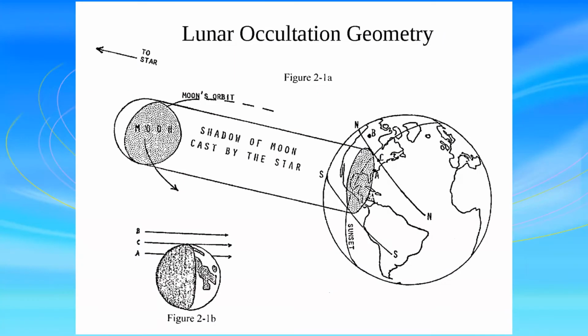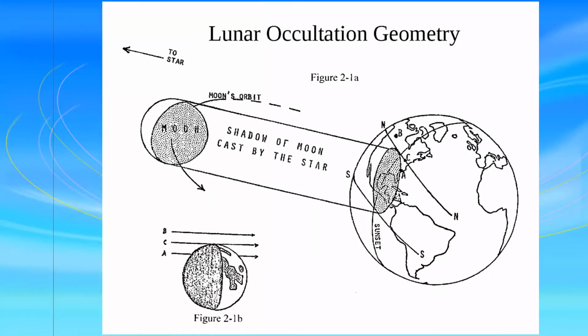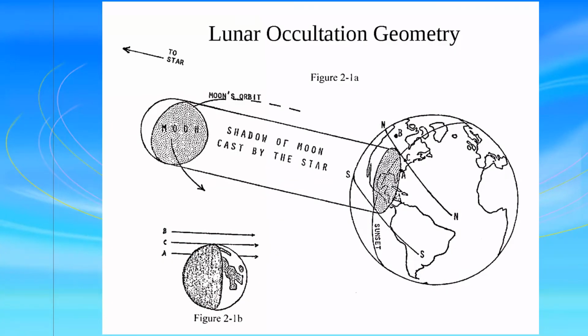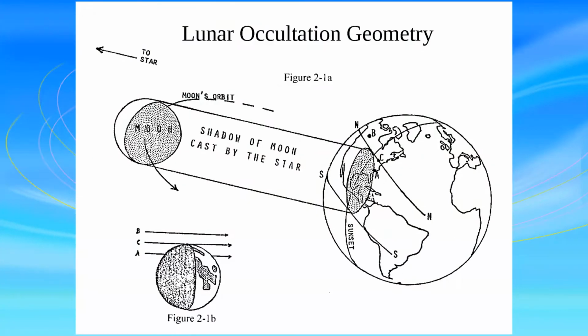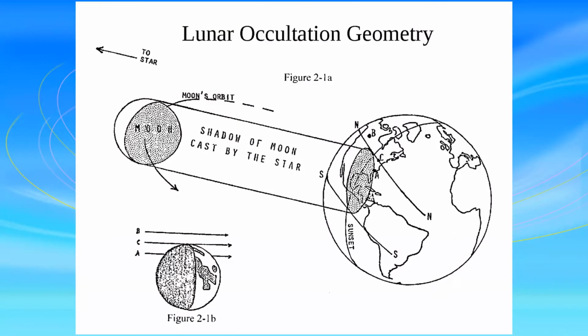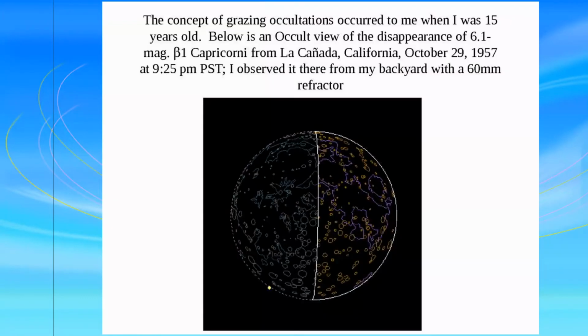But the very interesting thing occurs if you happen to be right along the edge of the path of visibility of the occultation. For instance, observer at C at the northern limit of the occultation. In that case, the path of the star is just tangent to the moon's disk. And we'll show more how the star disappears and reappears multiple times among the mountains and craters along the north or south edge of the moon.